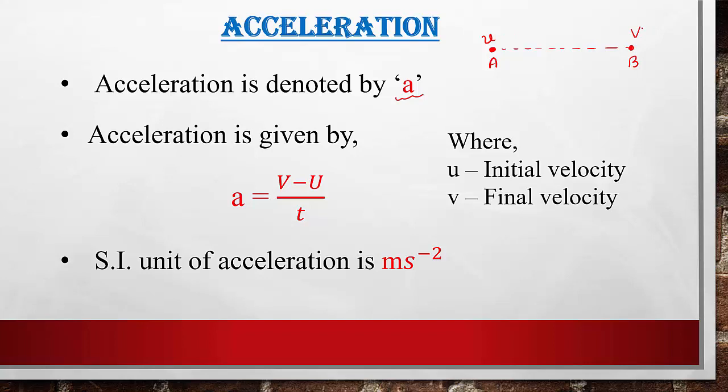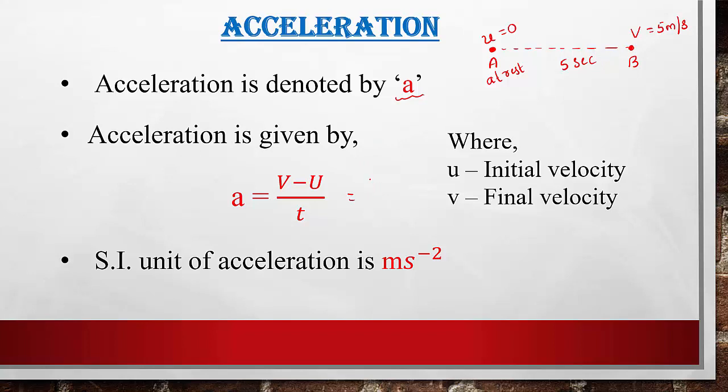Initially, if the object is at rest, velocity is 0. Let us imagine at point B, the velocity increases to 5 meter per second in 5 seconds. That means in place of V and U, let us substitute the values.